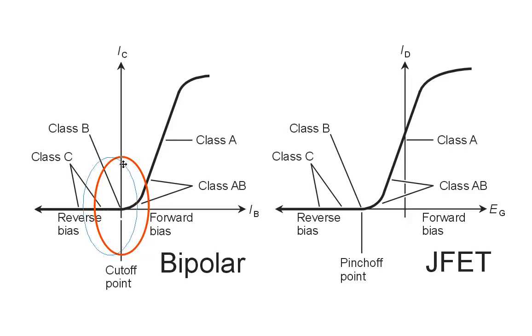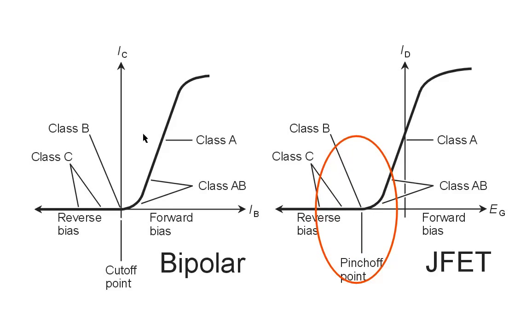Now, in the case of Class C operation, the no signal bias point is actually in the cutoff zone or the pinched off zone. In order to get any output at all from the device, we need to have a significant amount of driving power, more than either of the other types of amplifiers. In addition, Class C operation produces significant distortion of the waveform in the output.